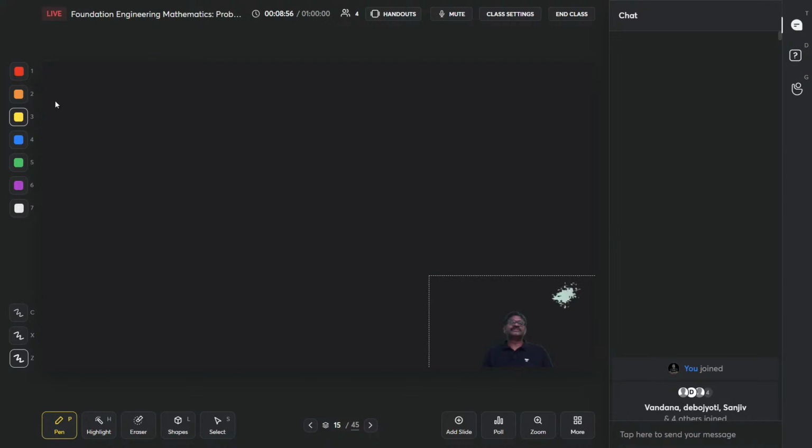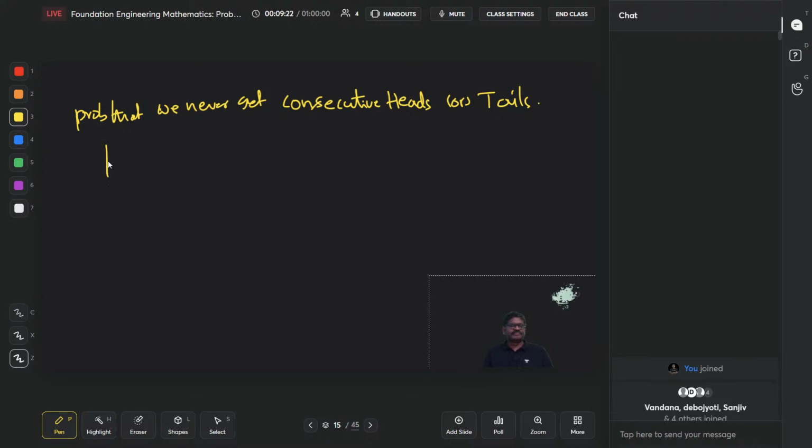So the probability that we never get consecutive heads or consecutive tails, that is head tail like that, or the probability that tail head like that.